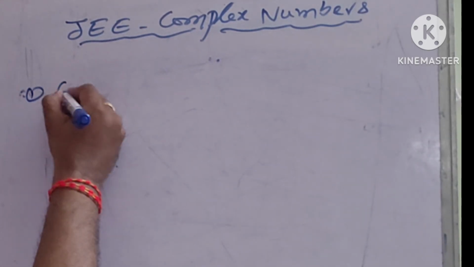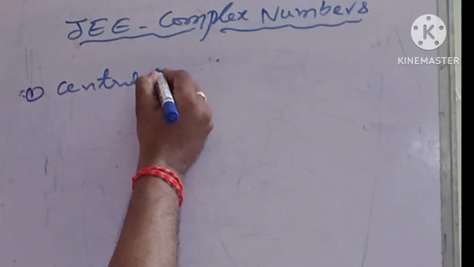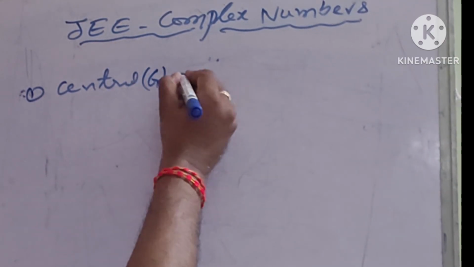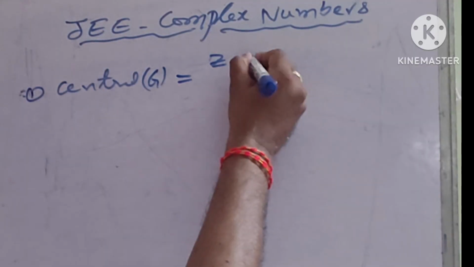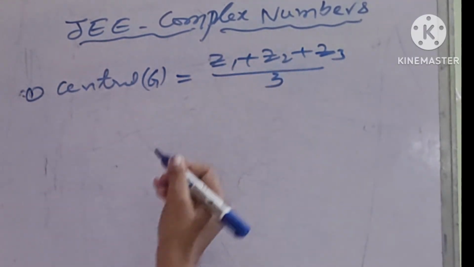Next, the centroid. The centroid is equal to (z1 plus z2 plus z3) by 3.